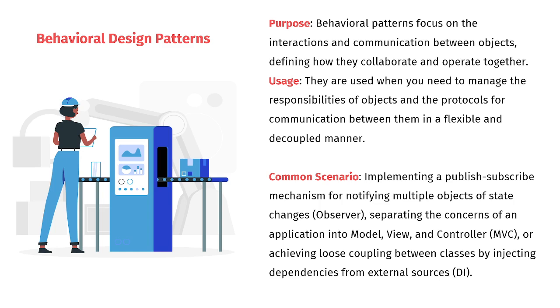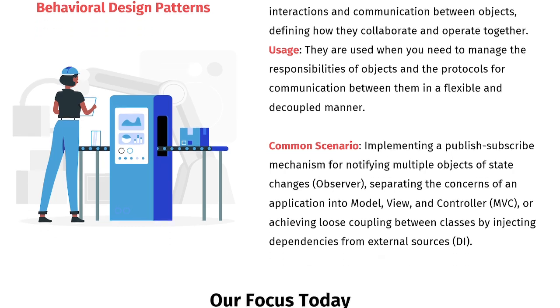Modifying that data or running some other functionalities on top of those objects can be done by some other class. Then presenting that modified data to the end user or the user interface can be done by some other class. So separating those things is discussed in behavioral design patterns, mainly the interactions between the classes and how they communicate.